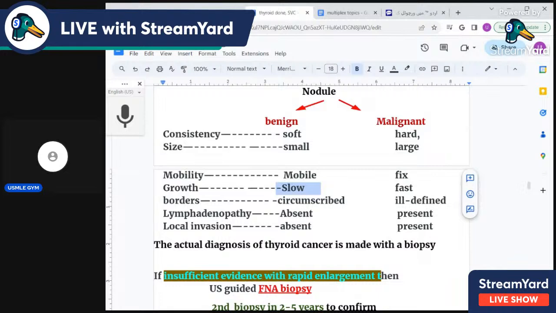Growth is slow in benign nodules and fast in malignant nodules. Borders are circumscribed in benign nodules, and ill-defined and irregular in a malignant nodule. Lymphadenopathy is absent in benign nodules and present in malignant ones. And local invasion is absent in a benign nodule and present in malignant nodules.